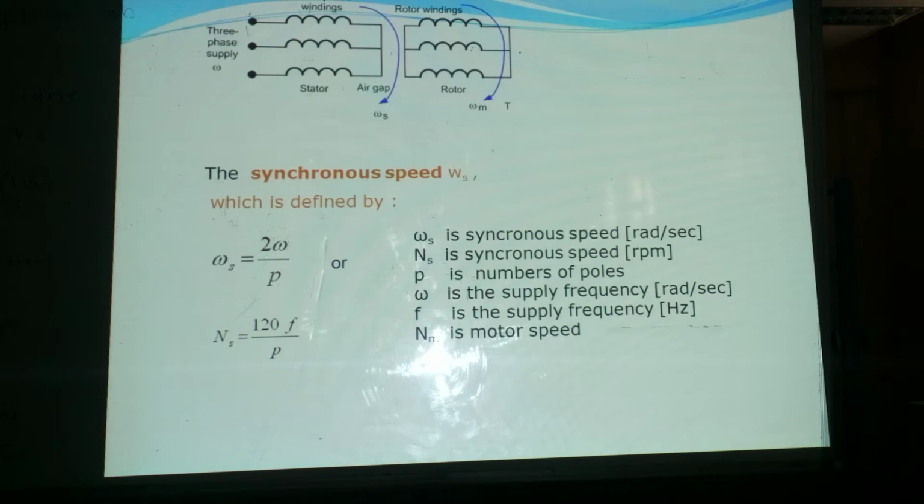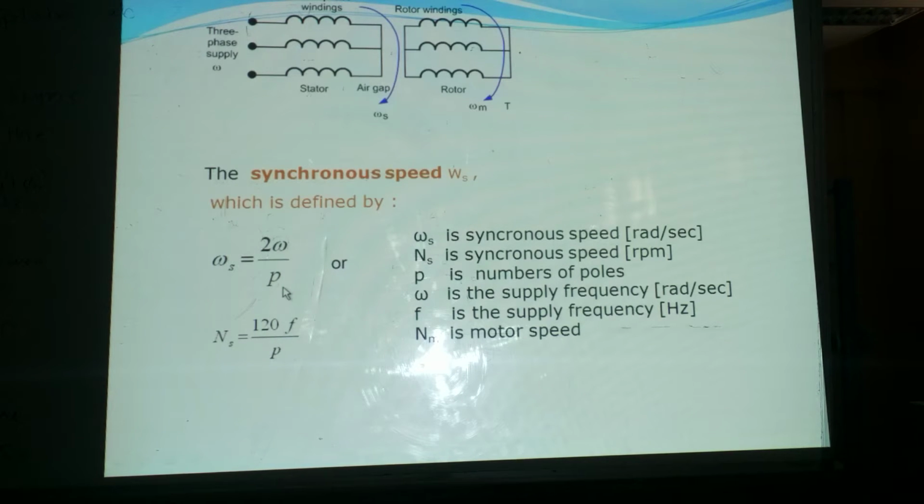Now, synchronous speed. The field will rotate at synchronous speed, which is given by 2 omega by p. Omega s is the synchronous speed in radian per second, where ns is also the synchronous speed in revolutions per minute, rpm.